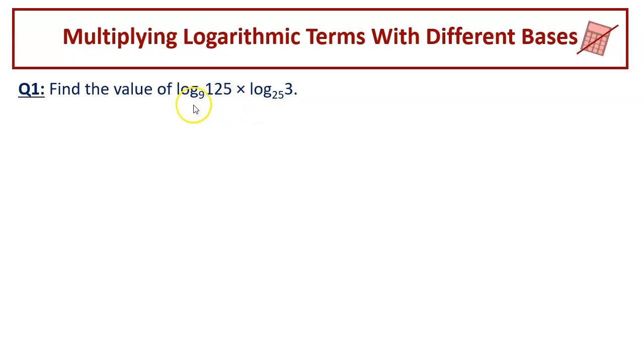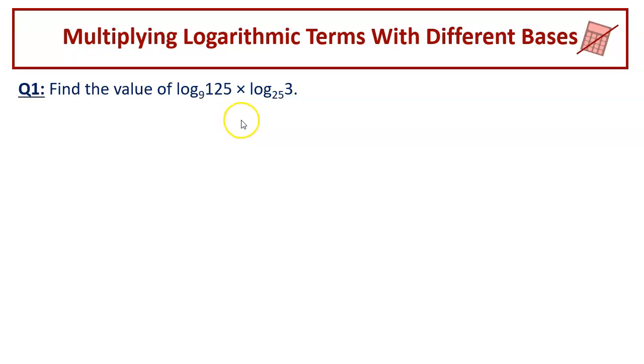So I had to keep the first term as it is because it is in base 9, and I had changed the second term. You can take the common base as 25, you can take the common base as any other number, and you will see you always come up with the same product.